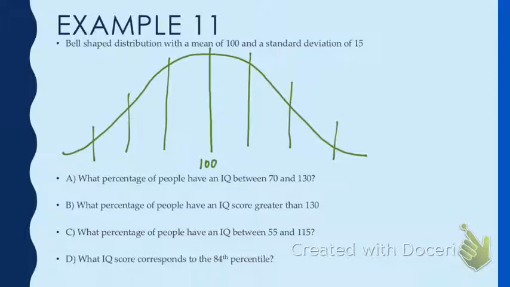What's up 1 standard deviation? Up 1 would be 115. Then 130. Good. And then going down, 85, 70, 55. Good.